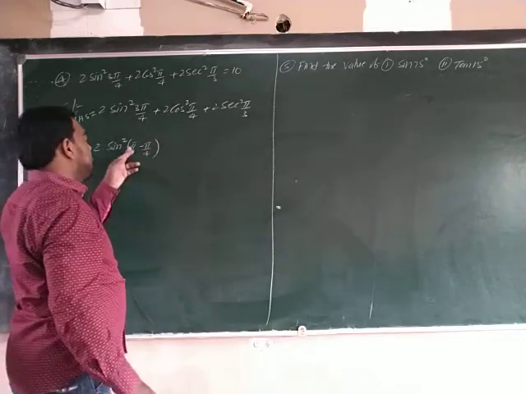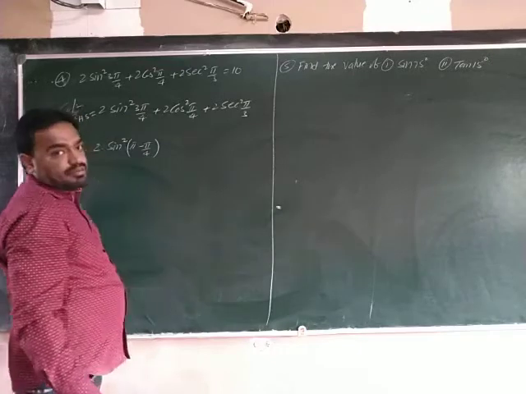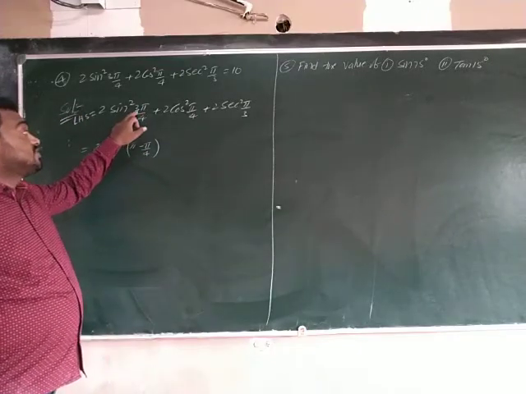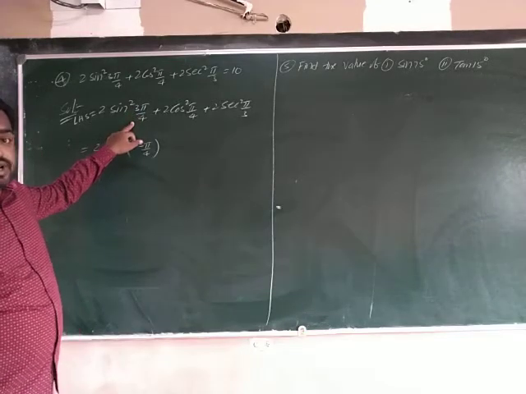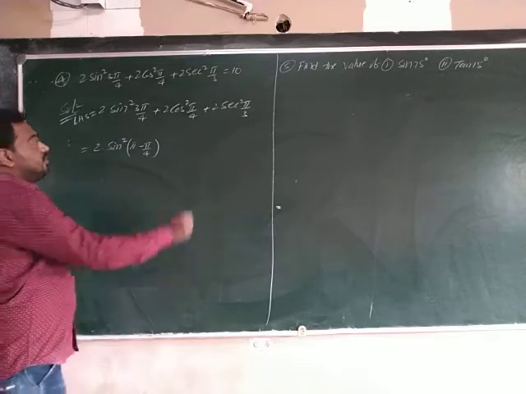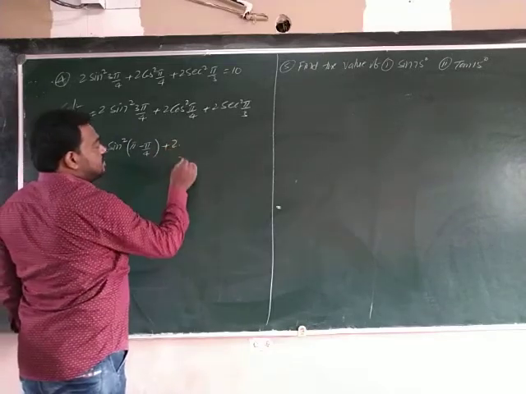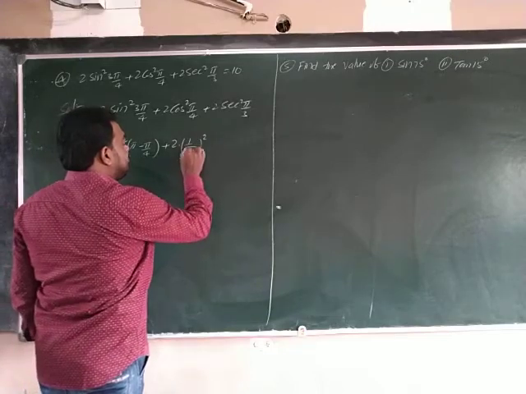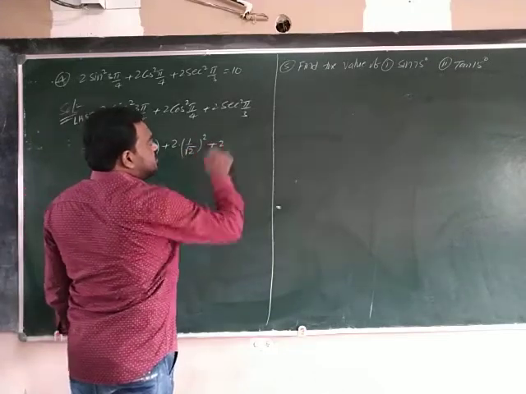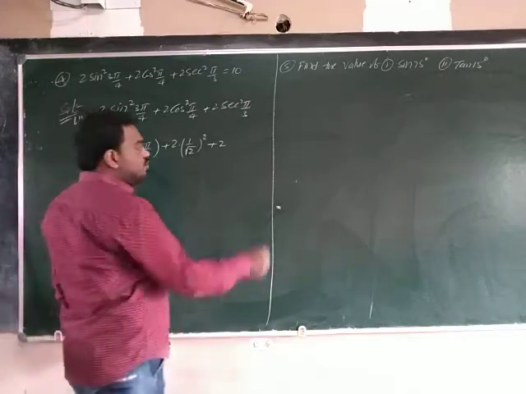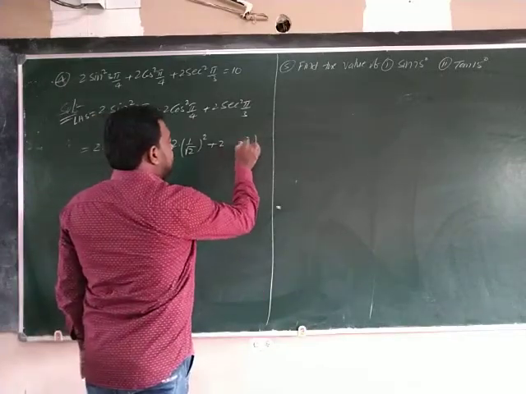Here 4 is LCM, 4 pi minus pi is 3 pi. This is 3 into 45, that is 135. 135 is equal to 180 minus 45. Plus 2 into cos 45, 1 by root 2, so 1 by root 2 whole square. Plus 2 into secant pi by 3, secant 60 is 2, so into 2 square.